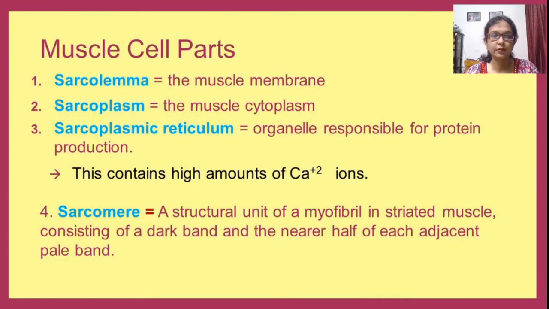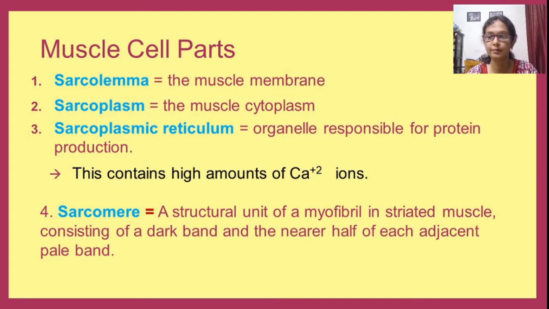Now here are some definitions. Sarcolemma, you have already known: the muscle membrane. Sarcoplasm, the cytoplasm of the muscle cell, is known as sarcoplasm, and the most important part, the sarcoplasmic reticulum. Actually it is a smooth endoplasmic reticulum like in other cells, but it is very important for muscle contraction because it is the storage of calcium ion and responsible for protein production.